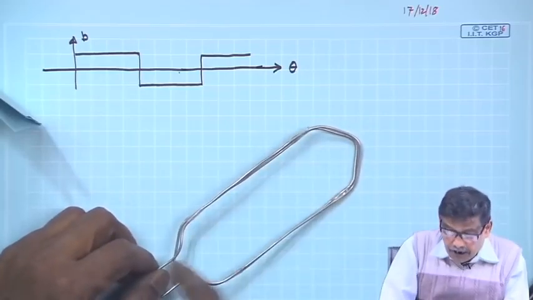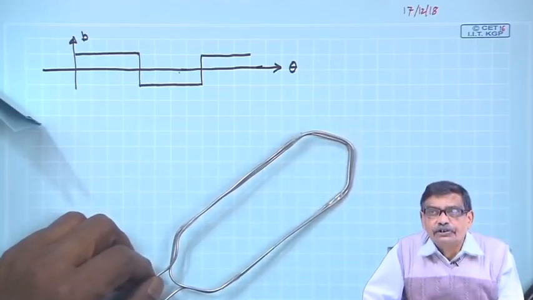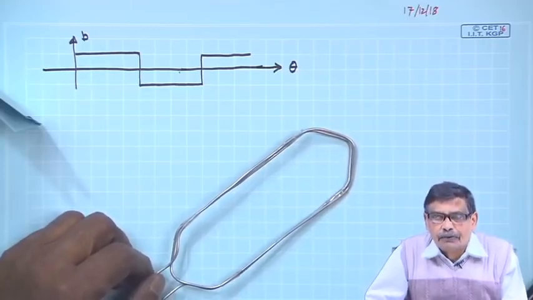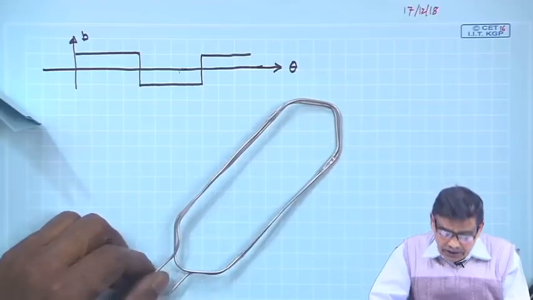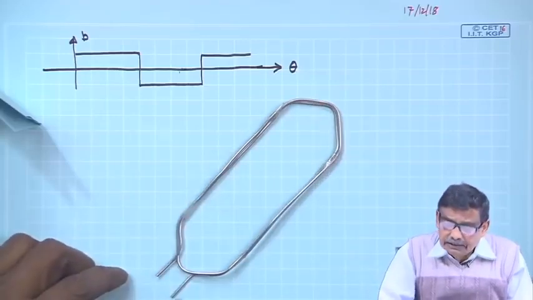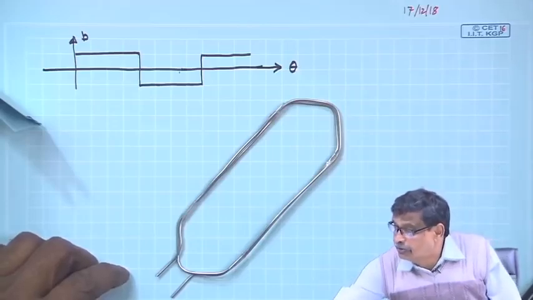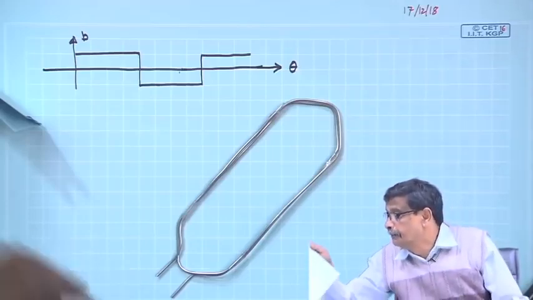So, this forms a coil, and each coil of course is to be named, so as to identify which coil I am talking about. So, numbers are used, 1 dashed. Similarly, there may be another coil which we call 2 dashed.